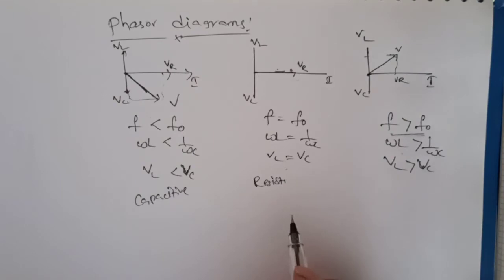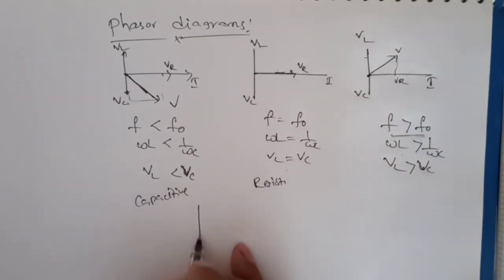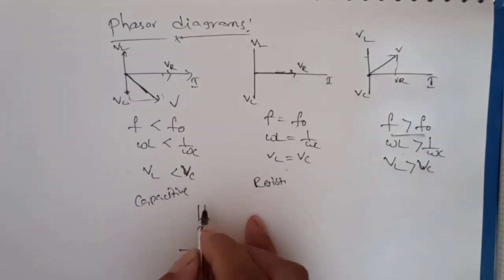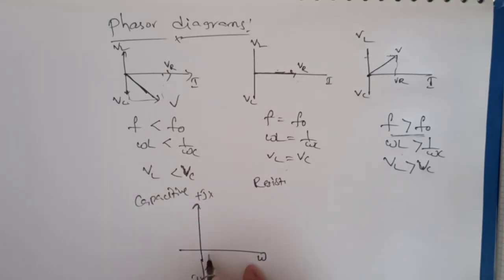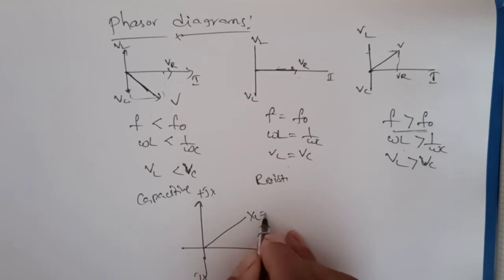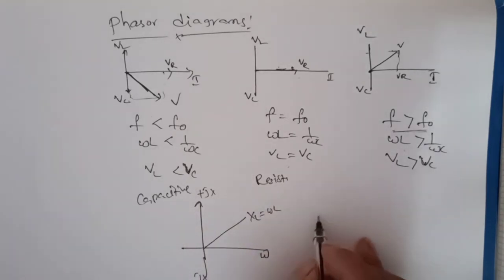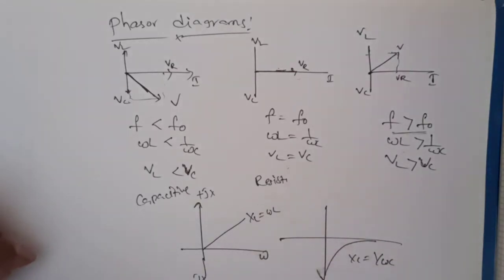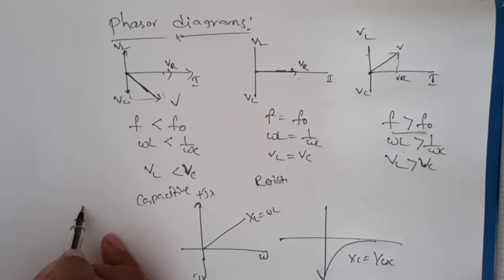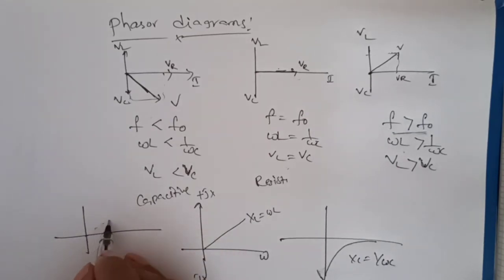So if you draw the reactance curves for this analysis, this is omega. Let us assume this is plus jX and minus jX, where this is XL equal to omega L, and this is where X equals 1 by omega C. Now we have to take the resonance part.